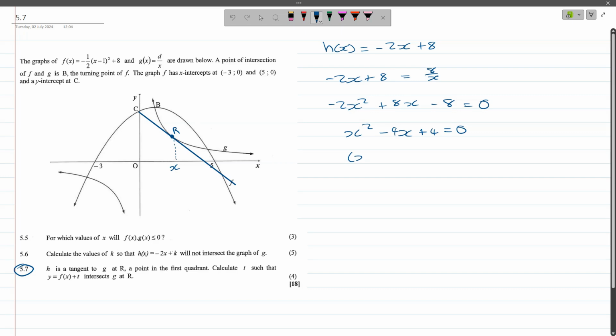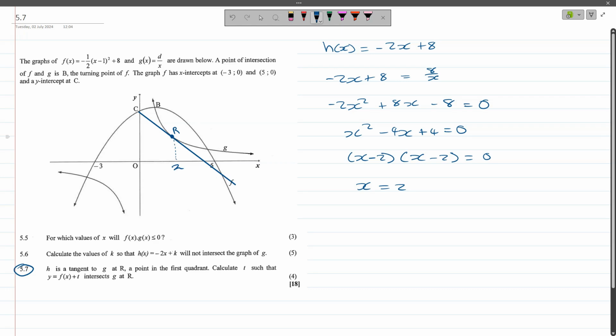And then we open up our brackets. Factors of 4 that we can place in here would be minus 2 and minus 2. Add them up to get minus 4, multiply them to get positive 4. Cool. So our value for x is 2. That means this point here is 2.